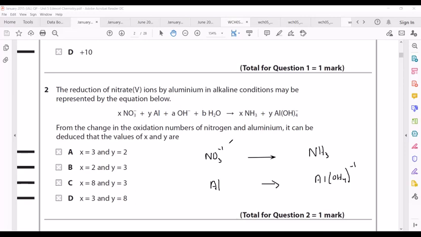When I check the nitrogen here, what is the oxidation number of nitrogen? If it is NO3 and the whole is charged -1, each oxygen is -2, so 3 oxygens will be -6. So nitrogen is +5 here.